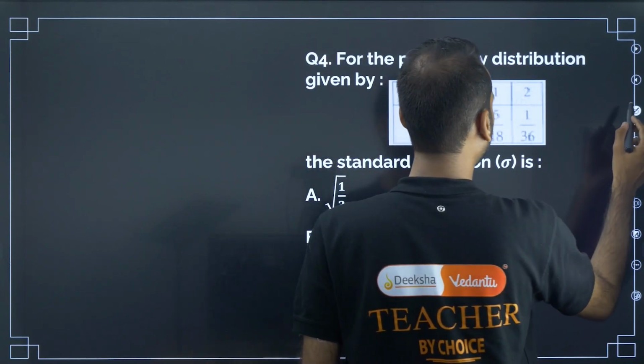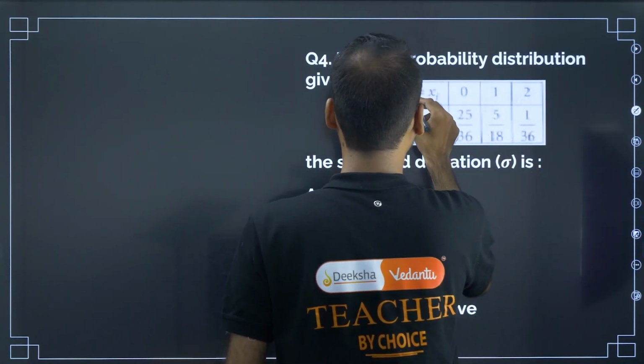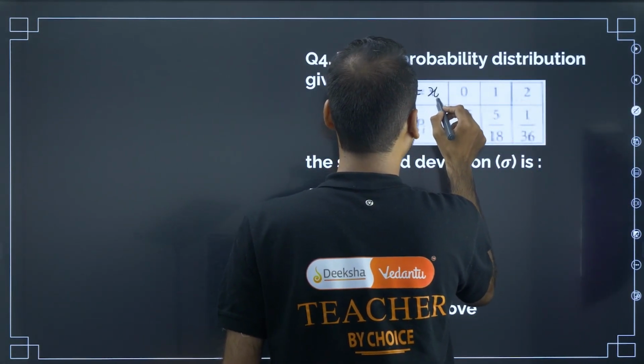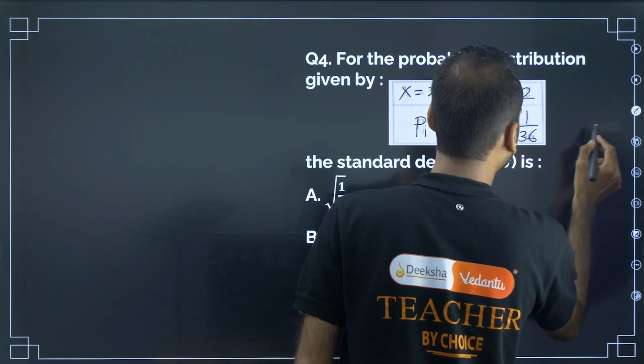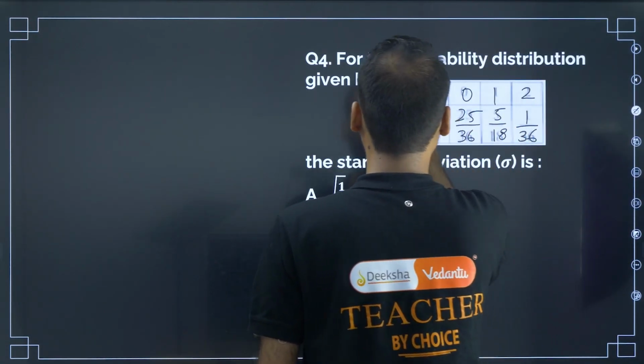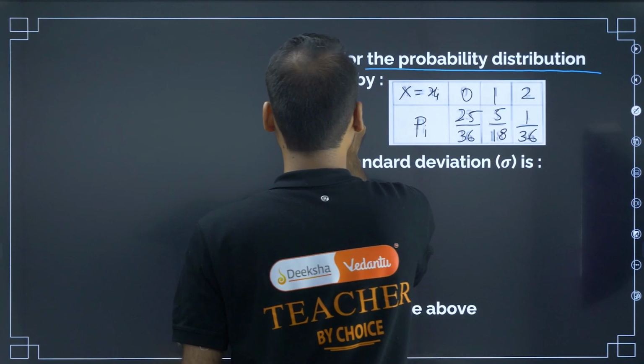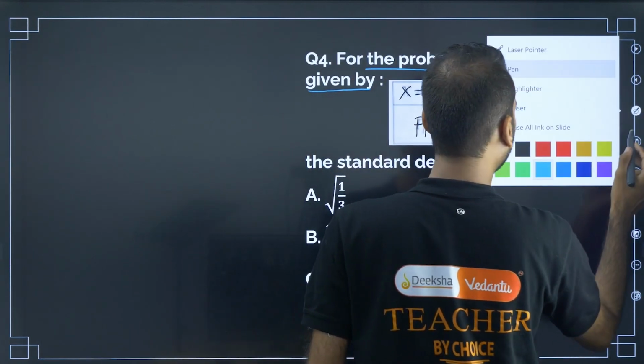The probability distribution, they have given some probability distribution. For this probability distribution, what is the standard deviation?